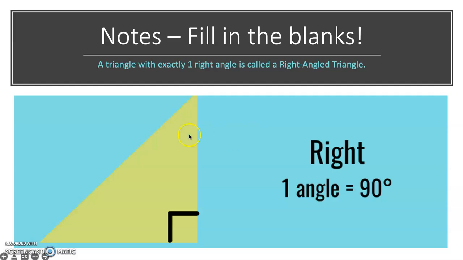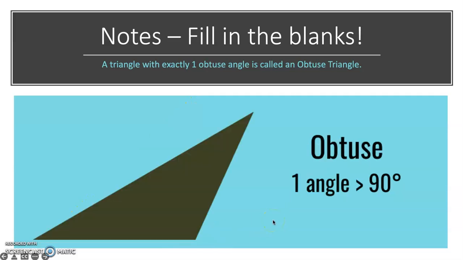If a triangle has exactly 1 right angle, it is called a right triangle or a right-angled triangle. If a triangle has an obtuse angle, it can only have 1 obtuse angle, and therefore it's called an obtuse triangle. Remember that an obtuse angle is greater than 90 degrees.